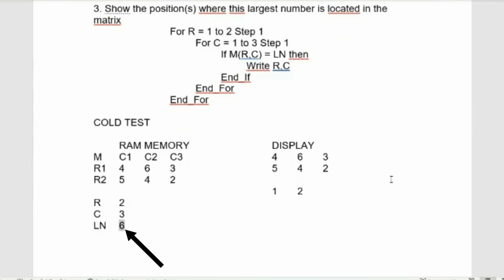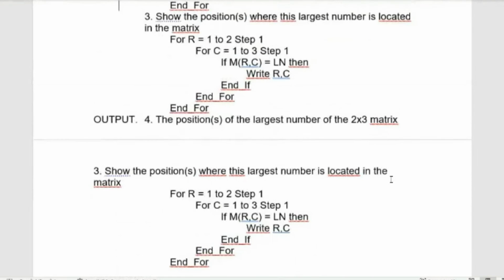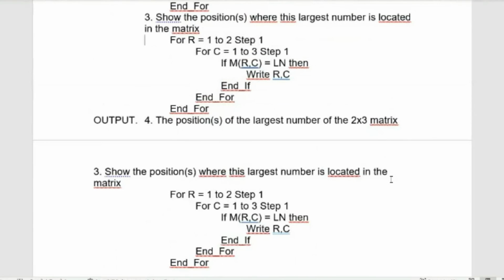So, and if not and not, because the top of R is 2 and the top of C is 3. And this is the last part, last step of this algorithm.